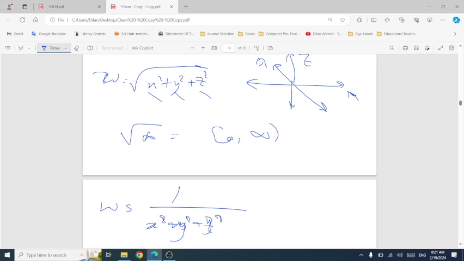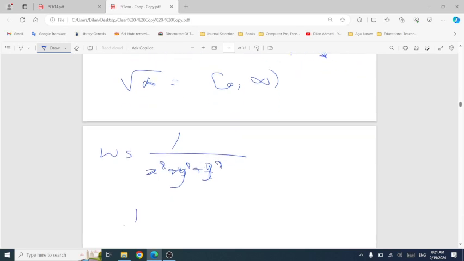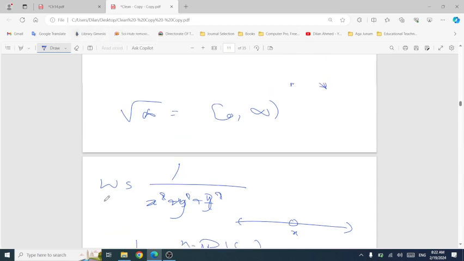Where's the problem? The denominator shouldn't be equal to 0, right? Then we will get a problem. We say x not be 0 means that x not be 0. X axis all but make a gap. Clear? But how about here? If x is 0, we get a problem alone?